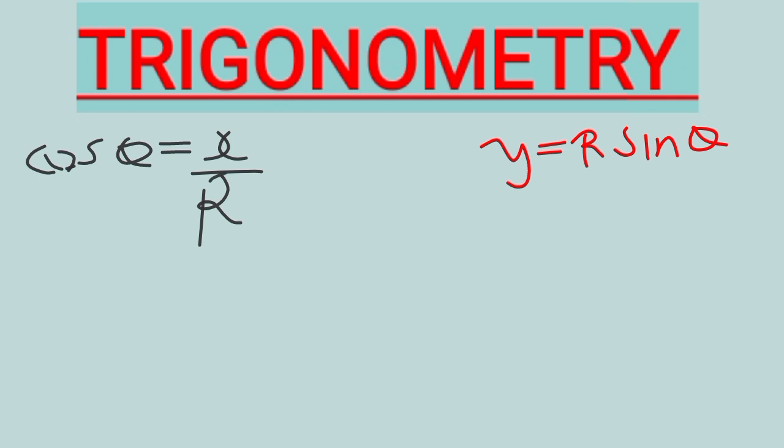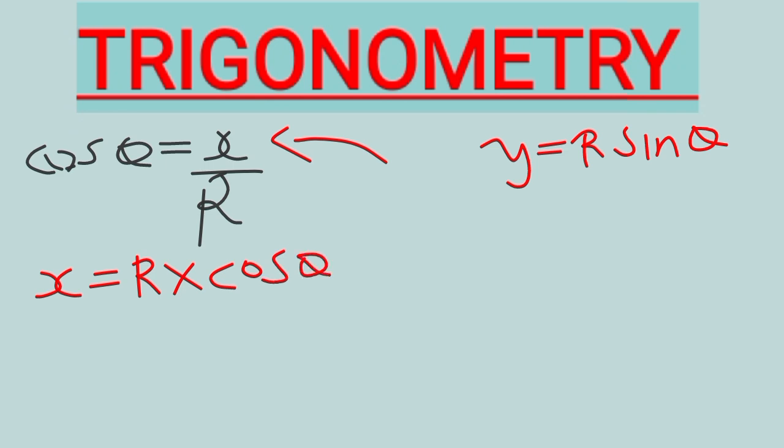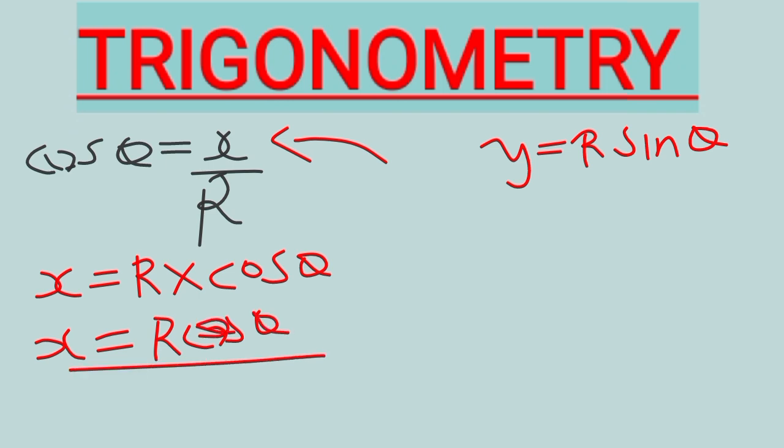Even here, let us do the same. Let us make x the subject. So x will be equal to r times cos theta. If we multiply r with cos theta, we simply get x as r cos theta.